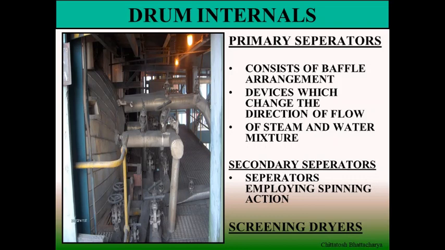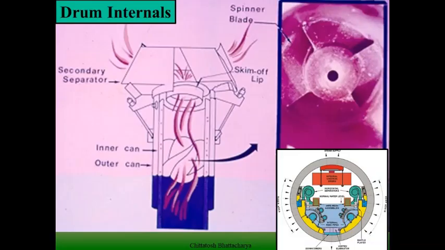These cyclone separators have spinner blades and two concentric barrels covered with secondary separators, and these secondary separators are placed at the top of this barrel.